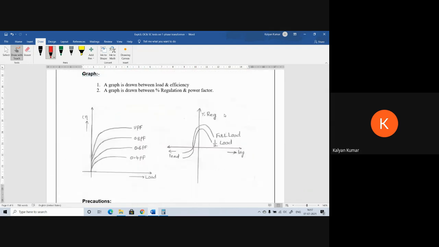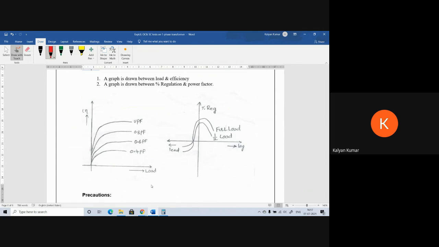Now from the table data, these are the graphs that we are going to get. Here we are taking load conditions from no load, 0, to full load, 1, at different loads: 1/4 load, half full load, 3/4 full load, and full load values.